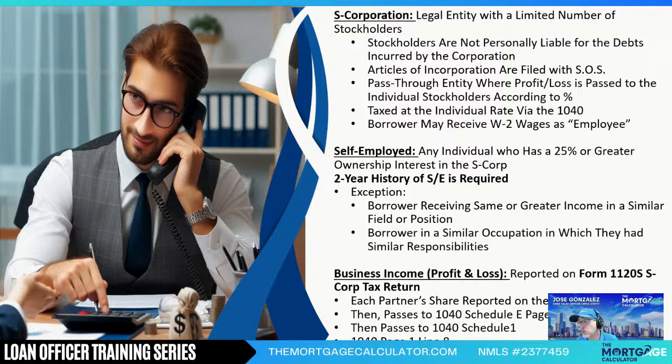So what would be some real world examples for this, right? And by the way, this is going to be applicable for full doc type loans going agency, or for example bank statement loans, right? It's the same concept.